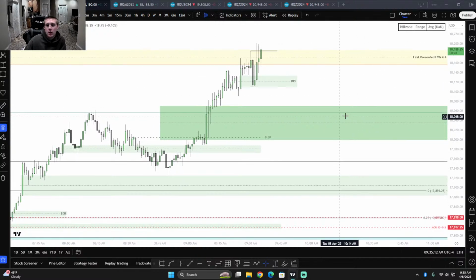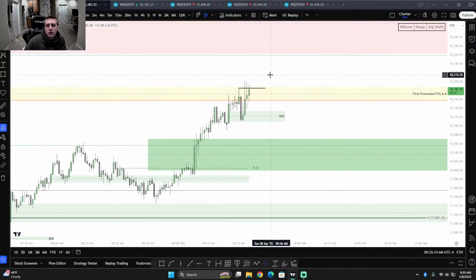If I were long here, I would want to see the next two candles trade above these highs with the bodies. If not, we could be trading back down into this 15-minute BISI and then maybe a 1 hour BISI as well.